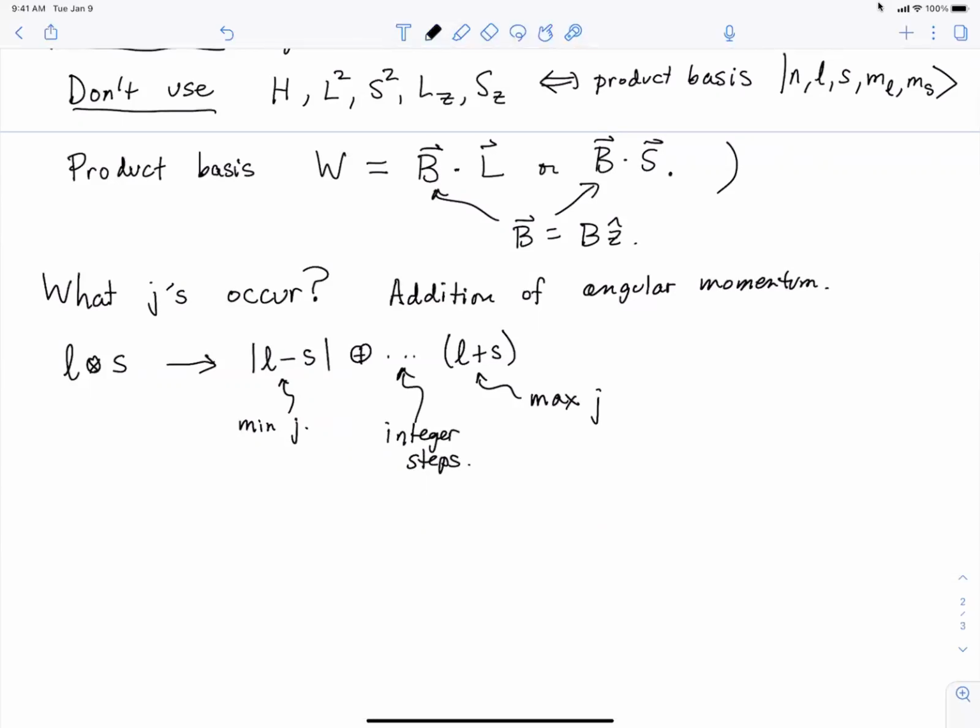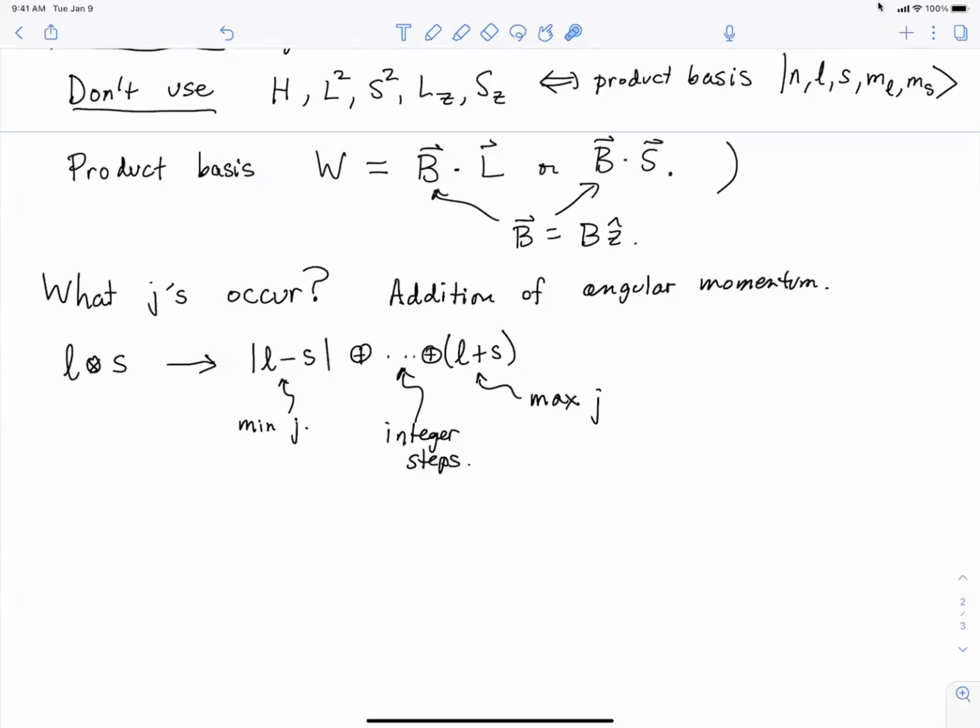Professor, this last part, I was always confused about these tensor product things. Just the very last line, could you just briefly go over that, please? Okay, so this is just saying if I have angular momentum L, and I'm combining it with angular momentum S, and I want the total angular momentum, and so that's going to be J, and I want to know what J's occur within that addition of angular momenta.